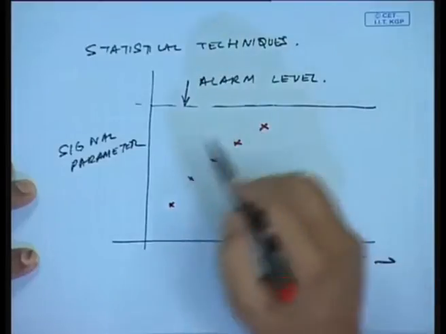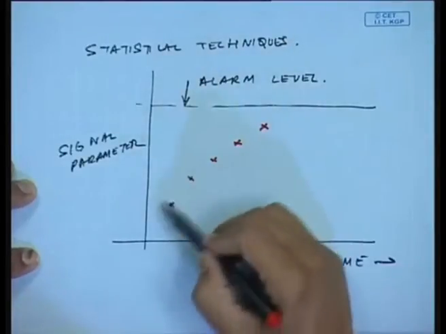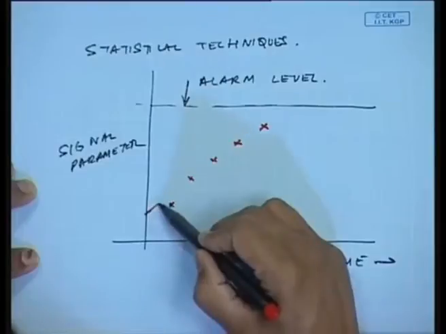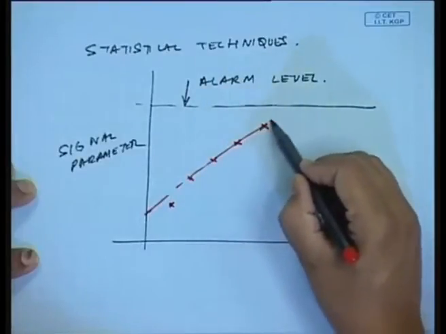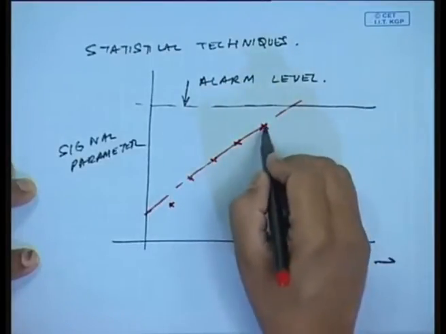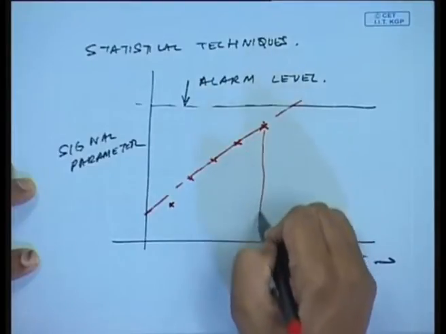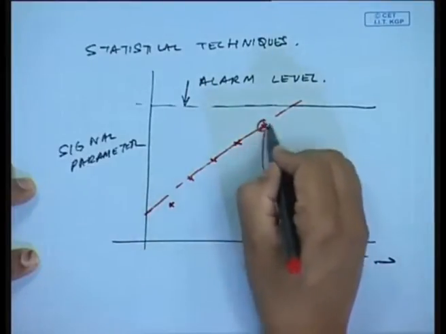So statistically what I could do is a simple regression analysis, so suppose my measurement has been done only at these points.